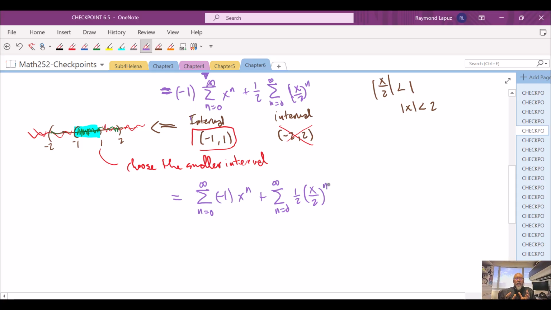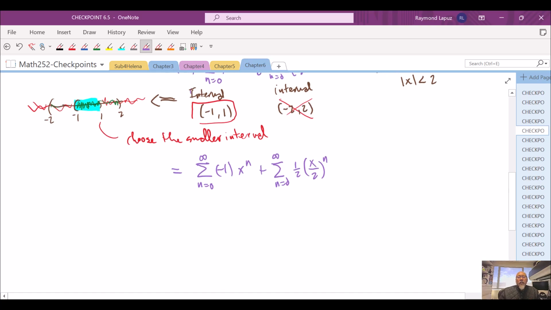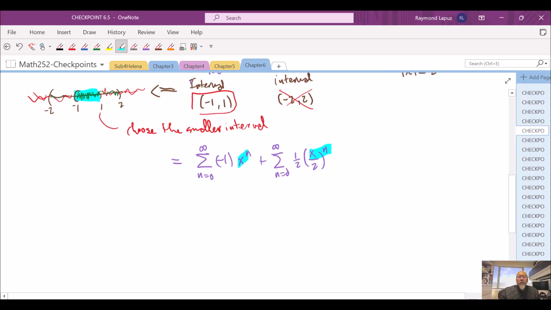I could combine this into one series. And it would be nice if I actually had an x to the n and x to the n together. So in doing so, I will break this apart. I'll take this 2 to the n power and merge it with this 2, and then I have this -1 here. So how is that going to look like? That will look like the series as n goes from 0 to infinity of -1.